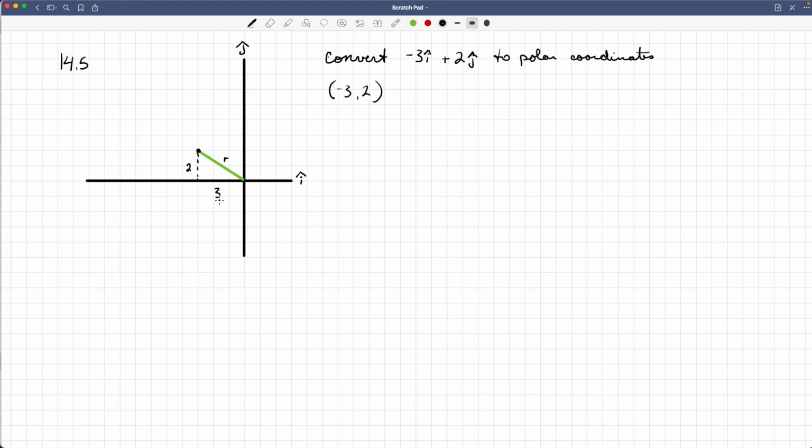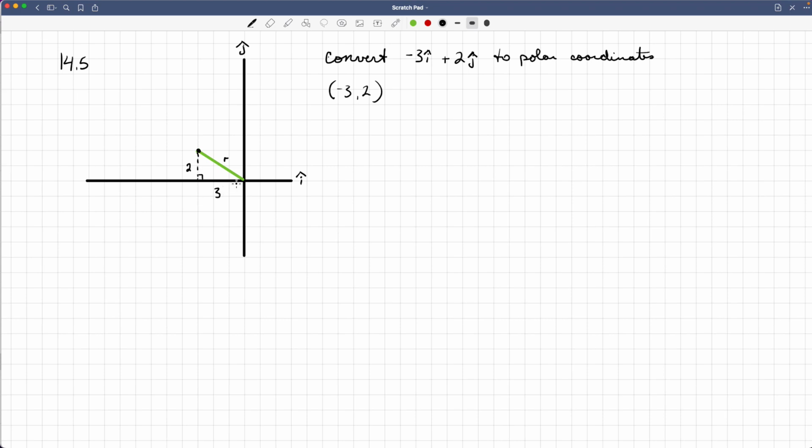And I used green just so you could see it better. This is our vector. So now we know what the legs are. We know that we have 3 units here from the origin, and 2 units up from the x-axis. So we know what the legs of our right triangle are, and that's our right triangle.